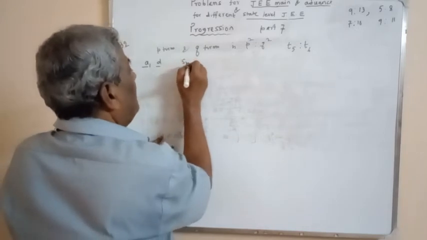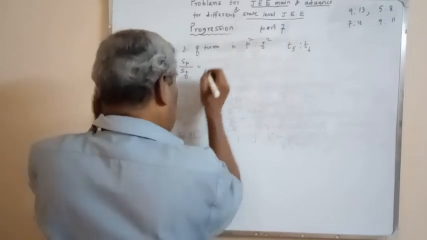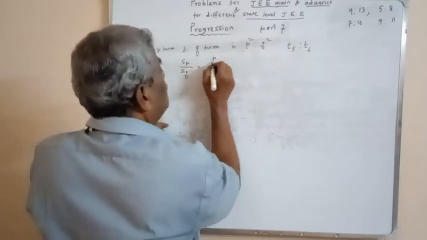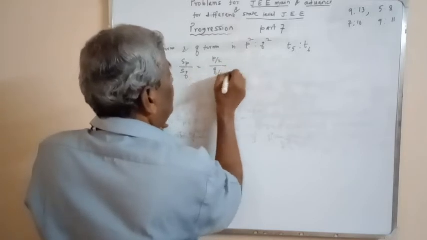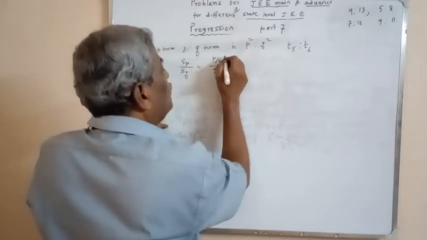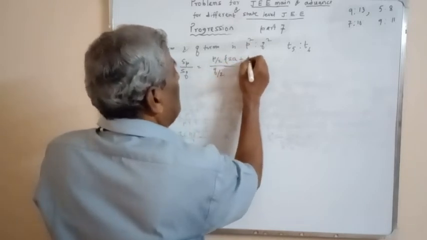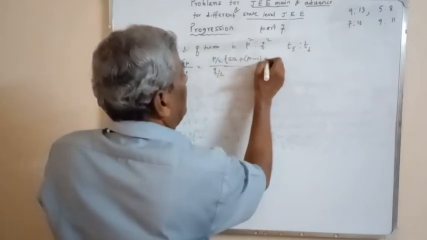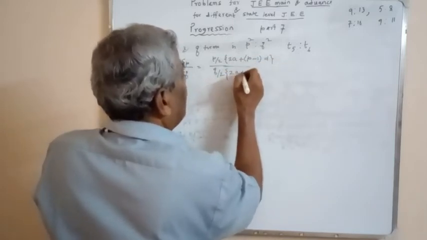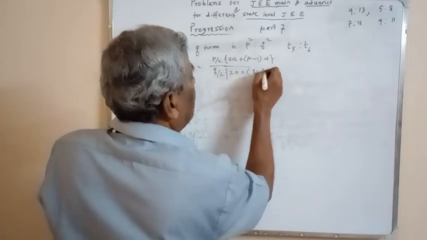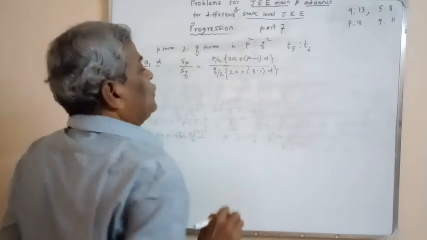SP by SQ is equal to, formula is p by 2 into 2A plus p minus 1 into D, and q by 2 into 2A plus q minus 1 into D. This is SP by SQ.